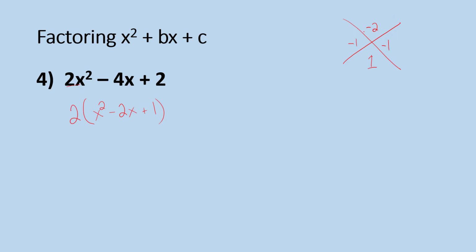Negative 1 plus negative 1 is in fact negative 2. So we have x minus 1, x minus 1, and again we bring the 2 down. Now notice I have an x minus 1 and x minus 1. We could clean that up so we could finally say 2 times x minus 1 squared.